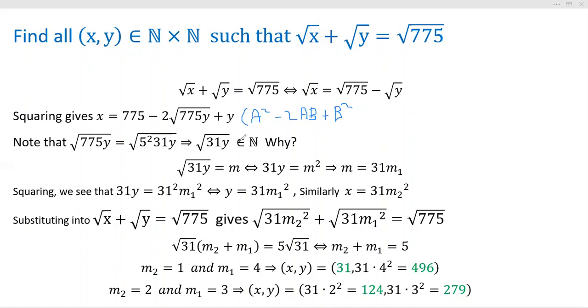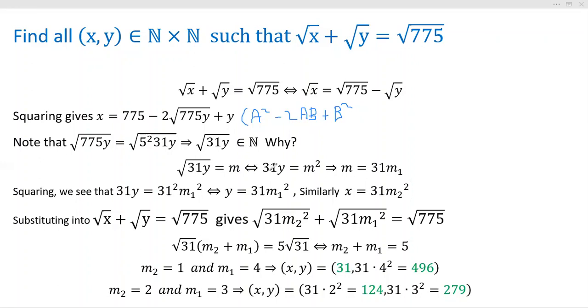It's just closure properties. If everything's an integer around you, you have to be an integer also. So when you square both sides, you get m squared, and m is just an arbitrary natural number, because the square root of 31y is a natural number. We can set it equal to this natural number.